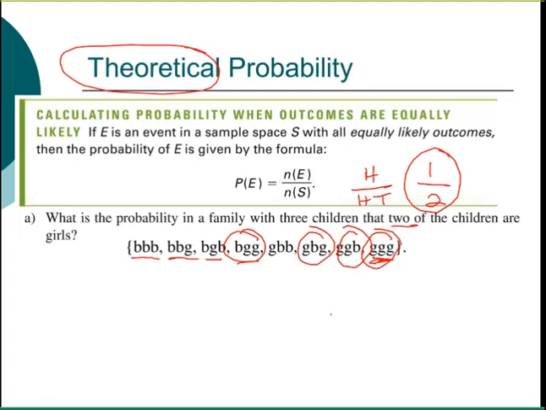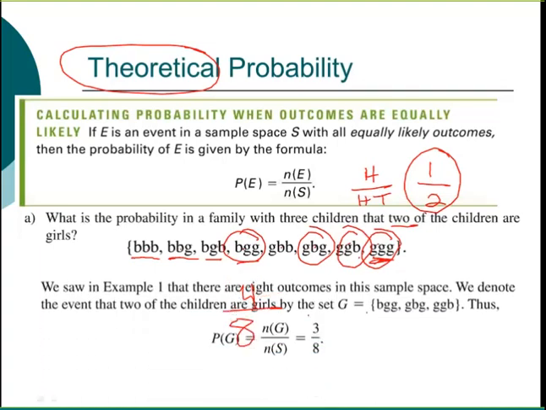And then we can include this last one here to have 3 girls, because I would still have 2 of the children are girls. So it looks like out of the 1, 2, 3, 4, 5, 6, 7, 8 different ways that we could do this, there are 1, 2, 3, 4 ways to select a girl. And so here, oops, I guess we're not including the last one, I'm sorry. That one's got 3 girls, not 2. We put that over the 8. So we take the number of ways to get 2 girls, which is 3, and divide it by the 8.